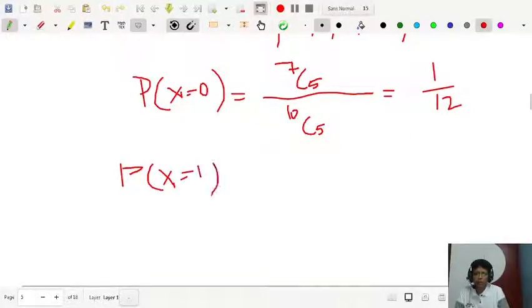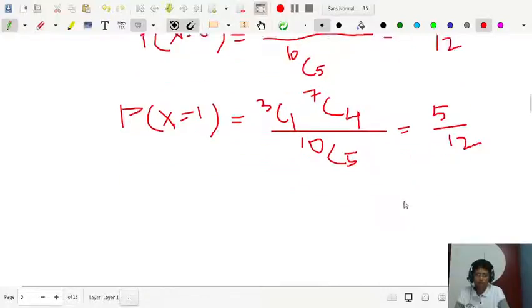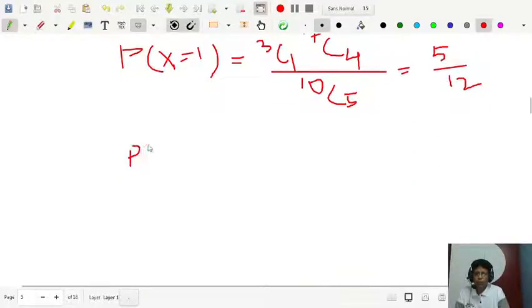Next, probability of x equal to 1. That is, you are drawing 1 white ball. So it will be 3c1, out of 3 white balls, you are drawing 1 white ball, and out of 7 black balls, you are drawing 4. So that makes 5 out of 10 balls. If you calculate, this will be 5 by 12. Next, probability of x equal to 2.